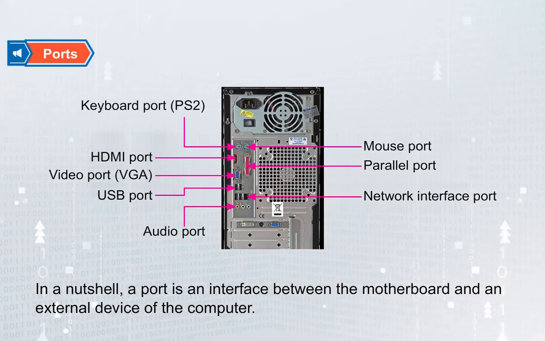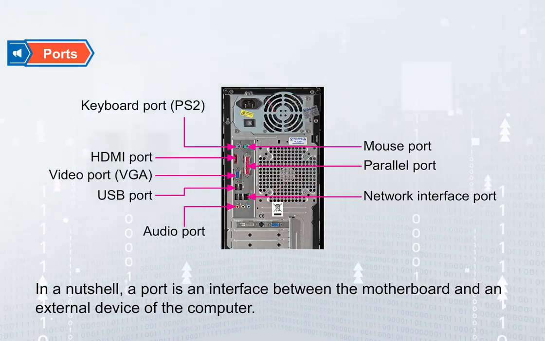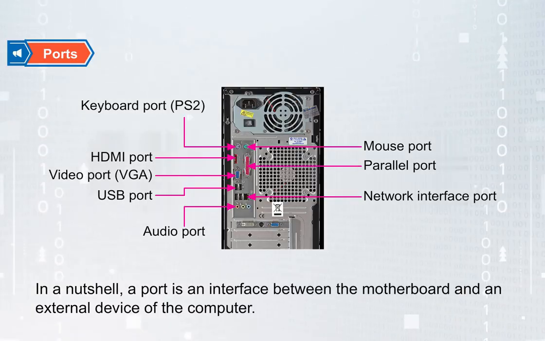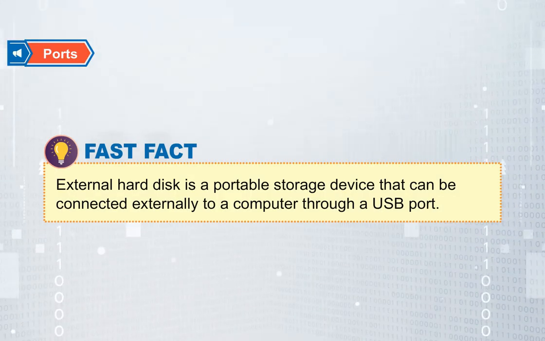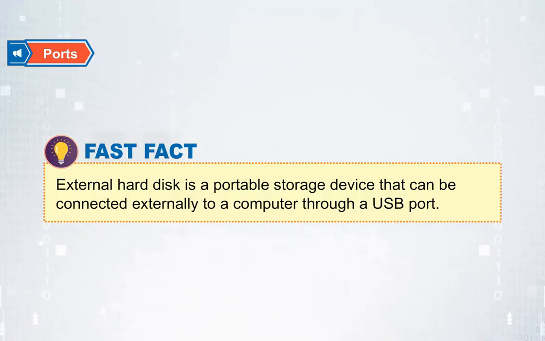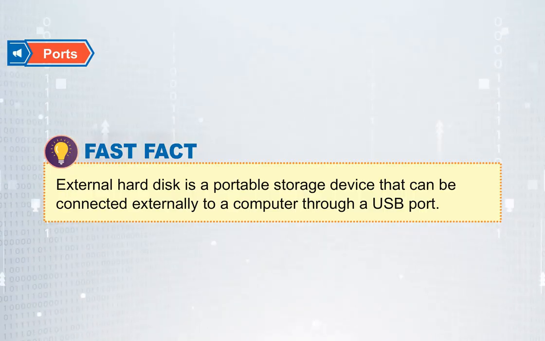In a nutshell, a port is an interface between the motherboard and an external device of the computer. Fast fact: external hard disk is a portable storage device that can be connected externally to a computer using a USB port.